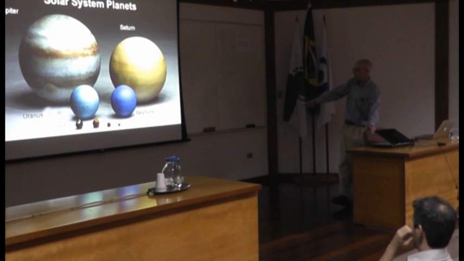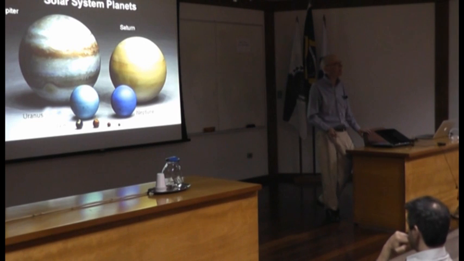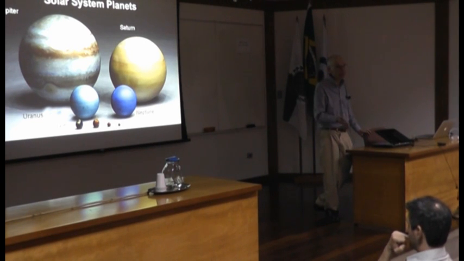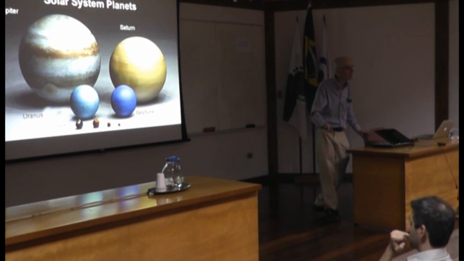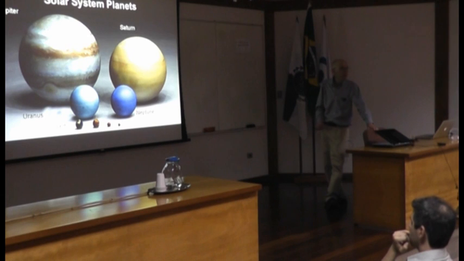They're the terrestrial planets, the rocky planets, they're the gas giants, which are dominated in both mass and volume by hydrogen and helium, the 2 lightest and most common elements in the universe, but elements that condense only at very, very low temperatures.